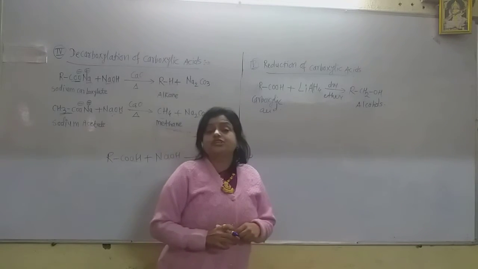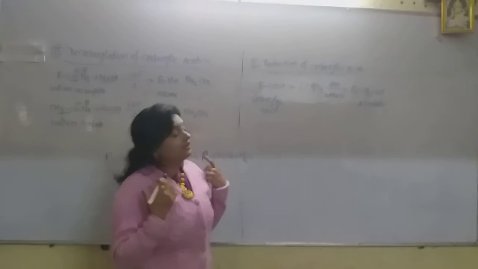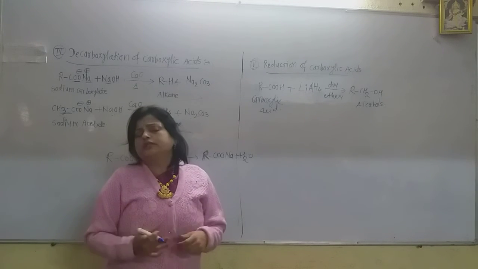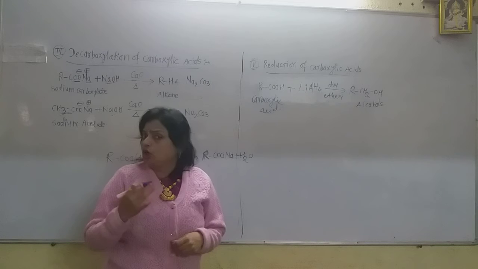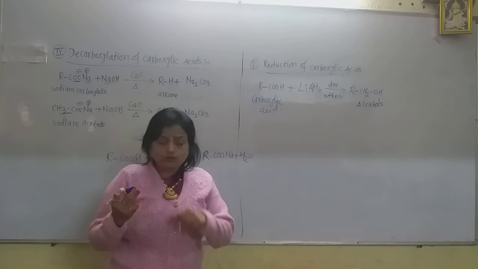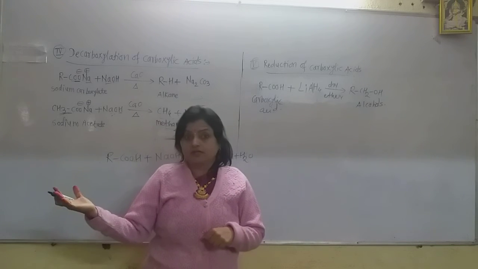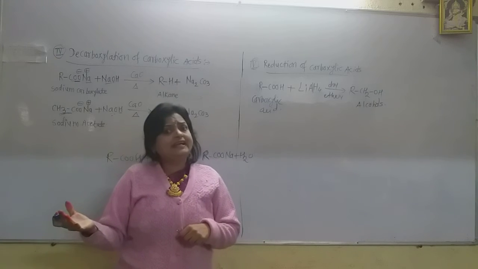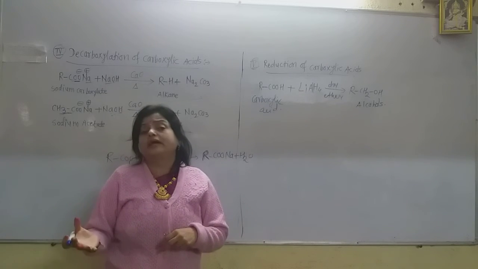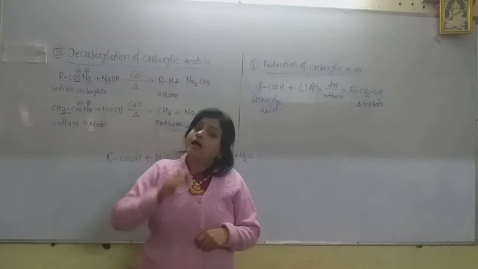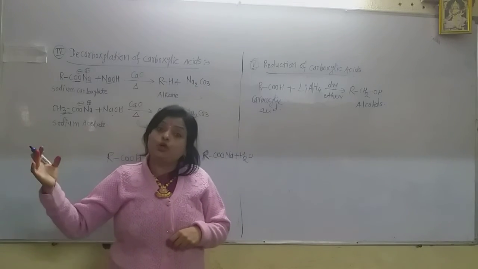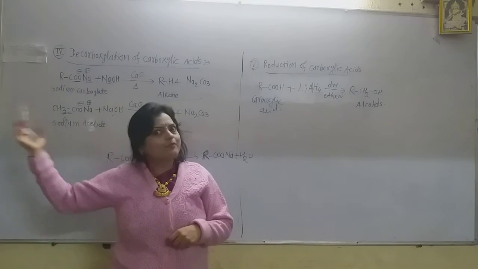Now the last reaction of the carboxylic acid, that is the reduction of carboxylic acid. Now we know that when we oxidize alcohol, they are first converted into the aldehydes and ketones. We see that reaction by using the potassium dichromate, alkaline KMnO4, etc. And again when aldehydes and ketones get oxidized, they form the carboxylic acid.